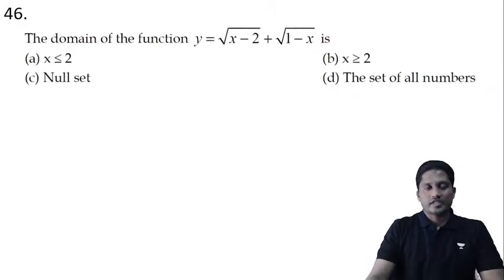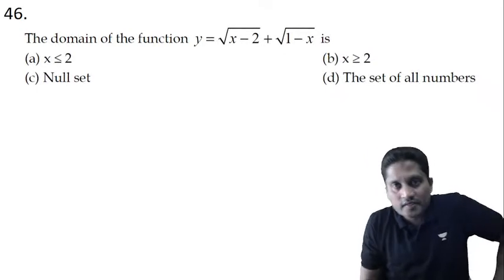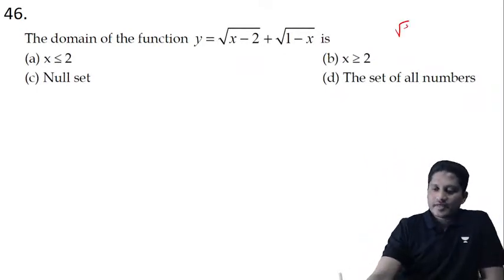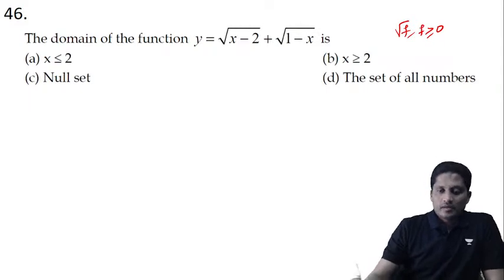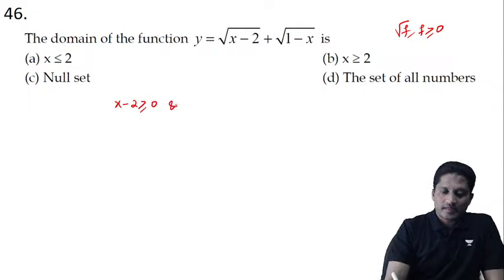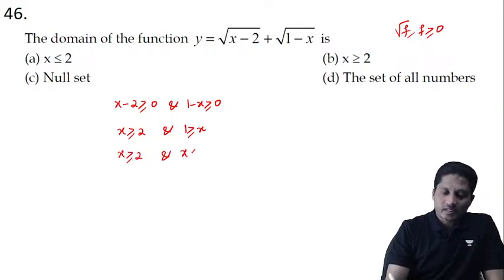Right, question number 46. I am supposed to find the domain of this function. Root f is defined only when f is greater than or equal to 0, right? Root of x minus 2 is defined when x minus 2 is greater than or equal to 0, and 1 minus x is greater than or equal to 0. So this means that x is greater than or equal to 2 and 1 is greater than or equal to x. x is greater than or equal to 2 and x is less than or equal to 1.